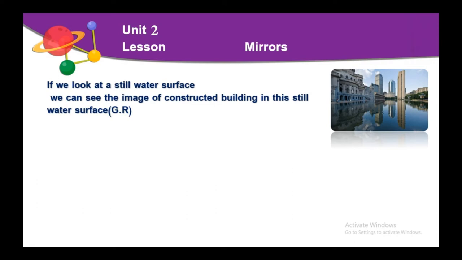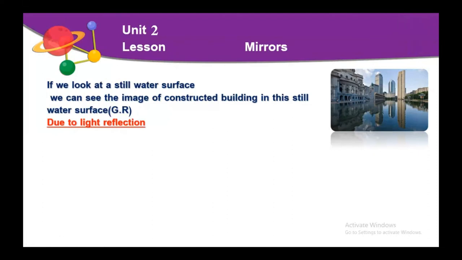Pay attention with me. If we look at constant water or still water surface, we can see the image of the building in this water. Why? This means that we can see the images of the building on the surface of the water. Why? Yes, due to light reflection.